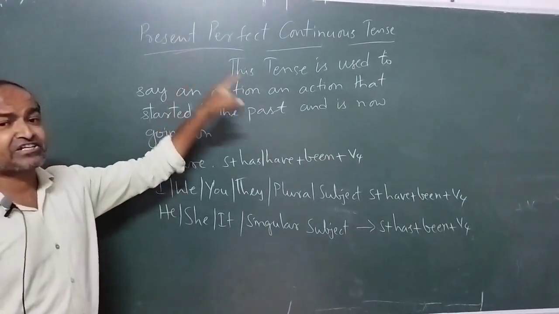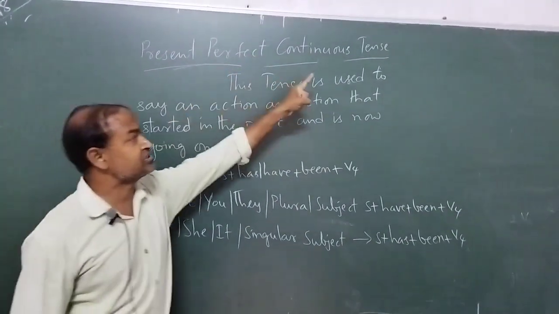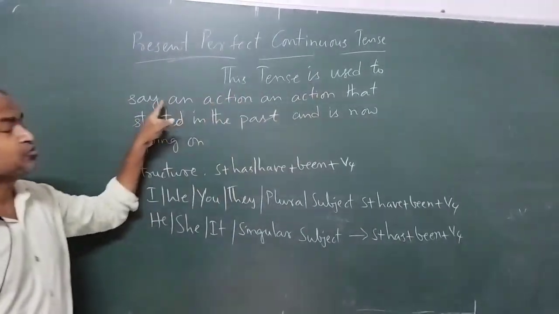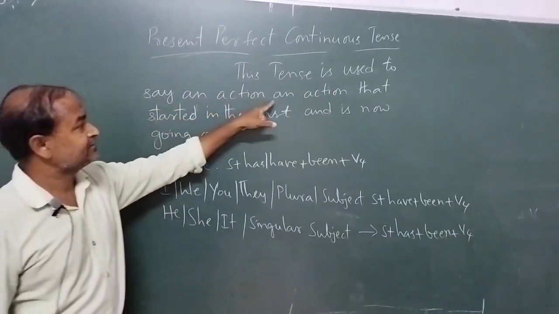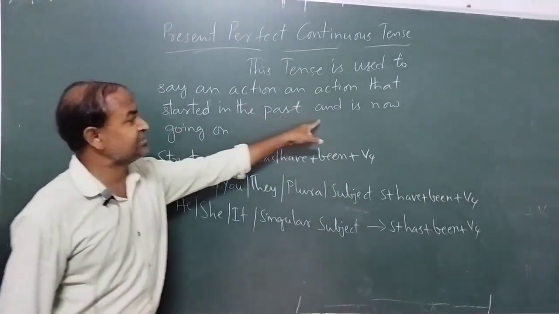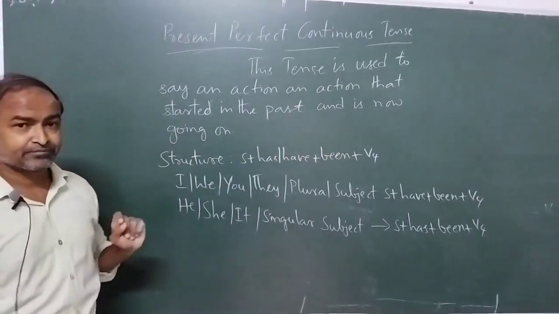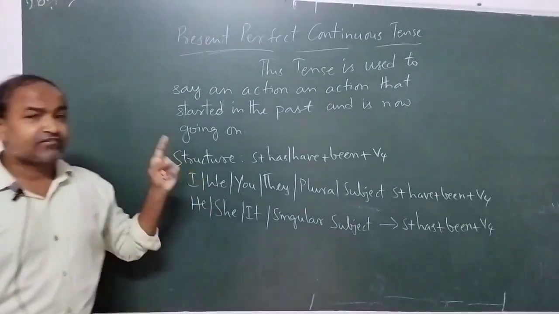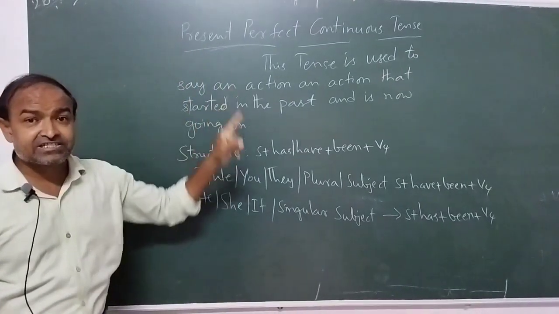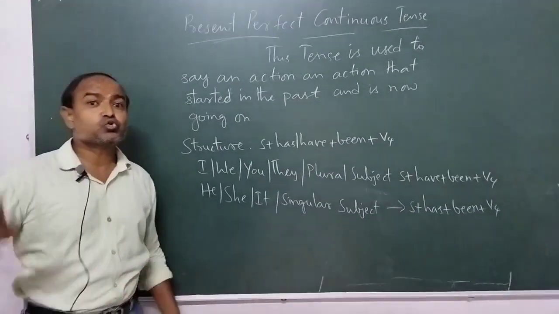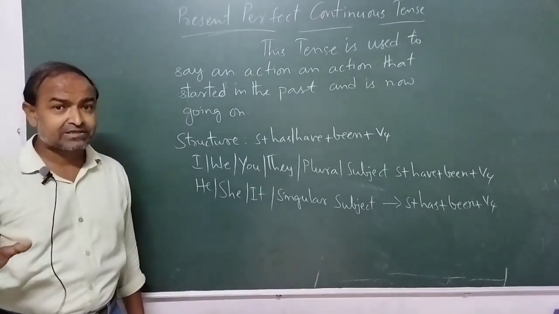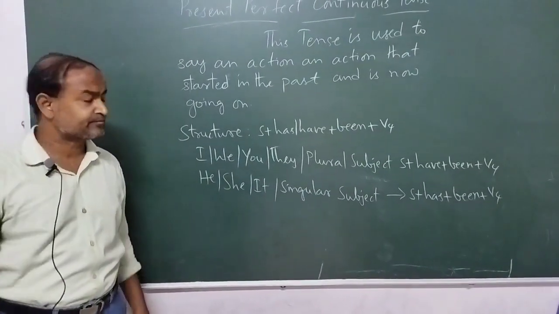The definition of present perfect continuous tense is: this tense is used to say an action that started in the past and is now going on. I will repeat the definition once again. This tense is used to say an action that started in the past and is now going on.